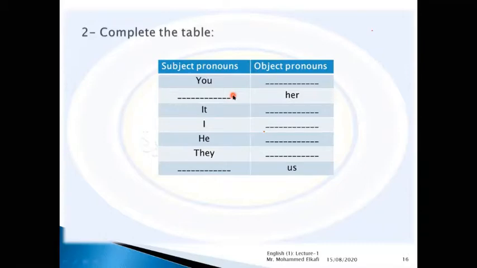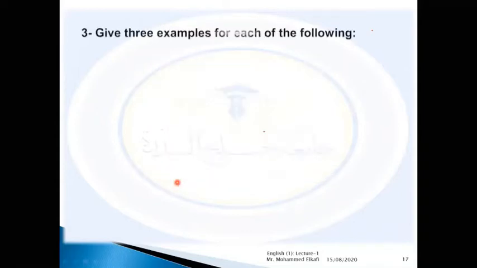The last one, here we have another object pronoun, us, and the subject pronoun should be we, W-E, we.